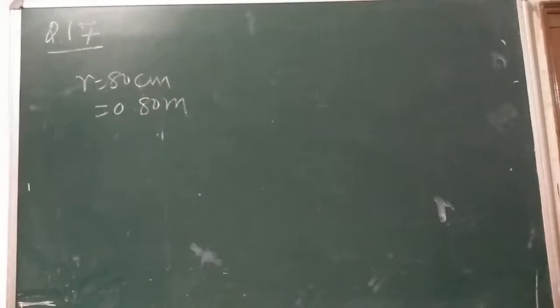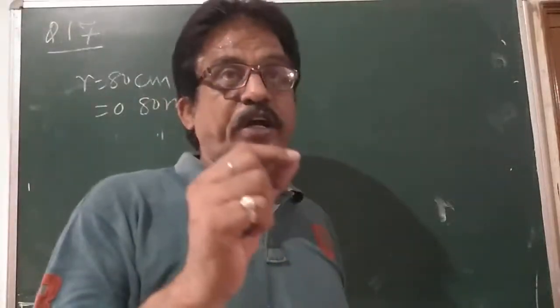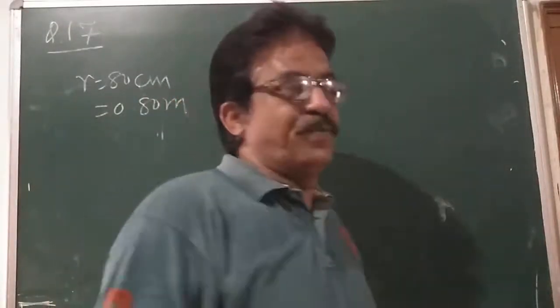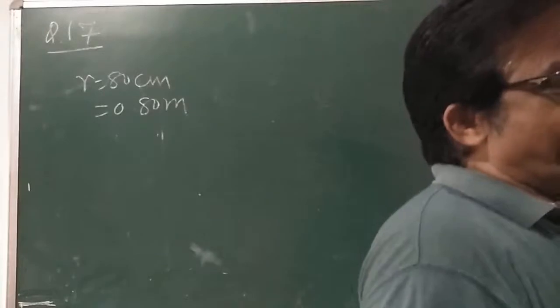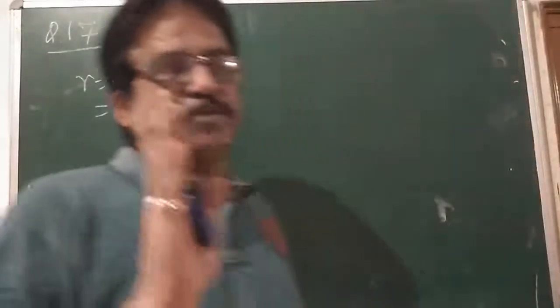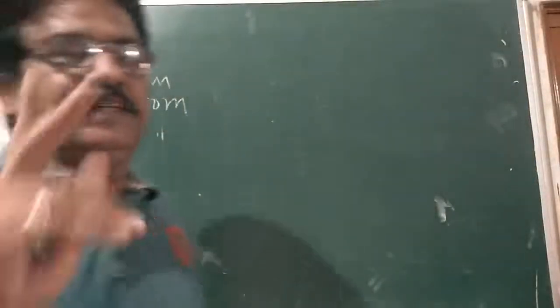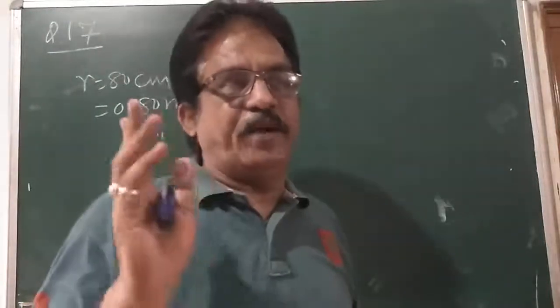If the stone makes 14 revolutions in 25 seconds, what is the frequency, sir? I know it is the number of revolutions per second. So 14 divided by 25.